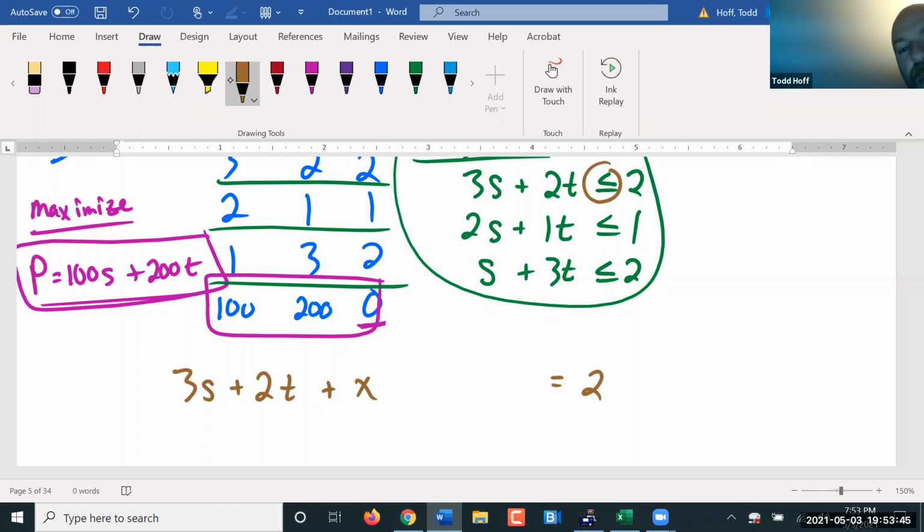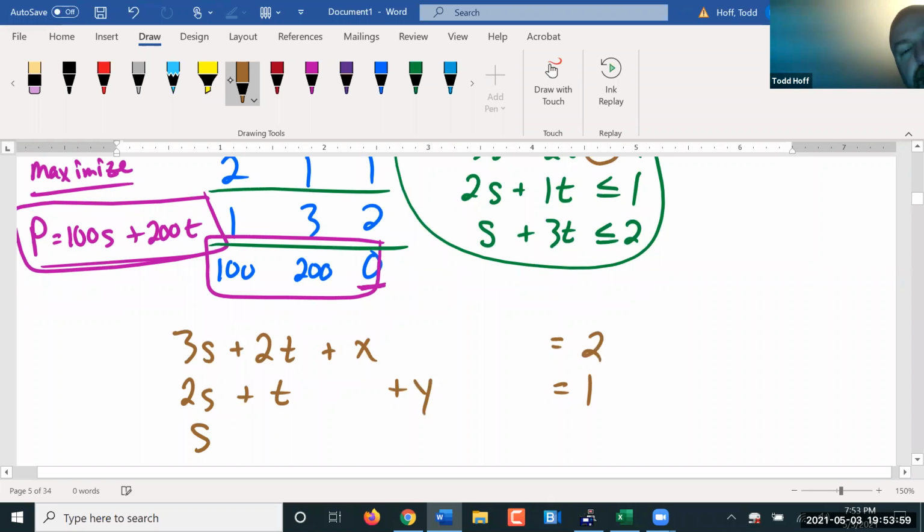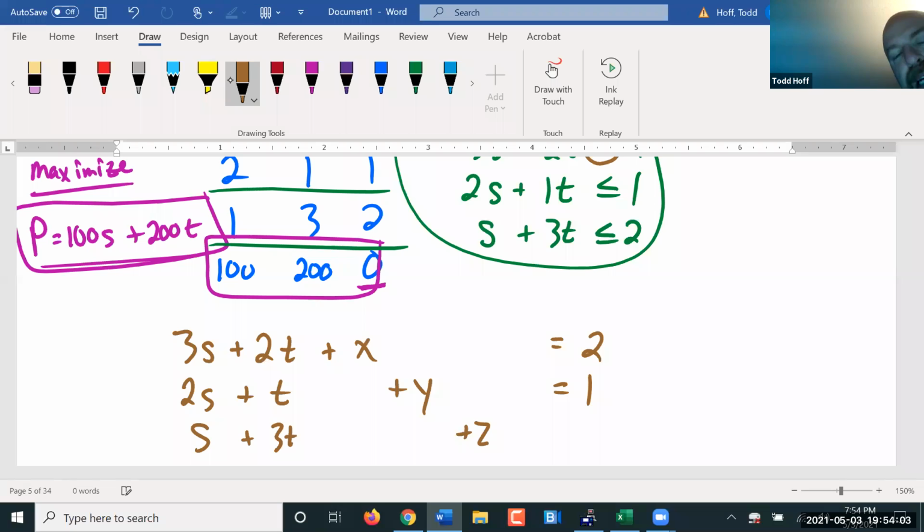Notice I took out the inequality and I added x to make both sides of that equal. My second constraint is 2s plus t. I'm going to add y as my slack variable to make that equal 1. And for my third constraint, it's 1s, or just s, plus 3t. And I'm going to add z as my slack variable to make that equal 2.